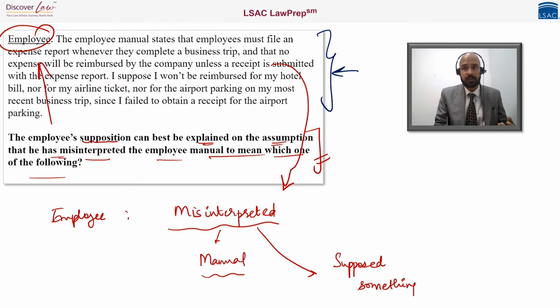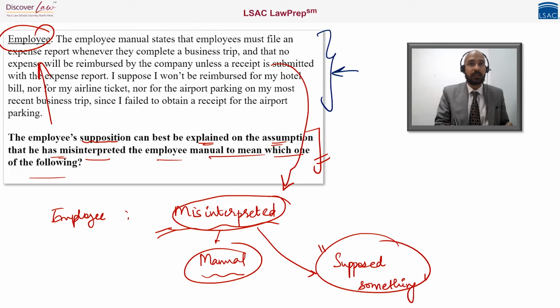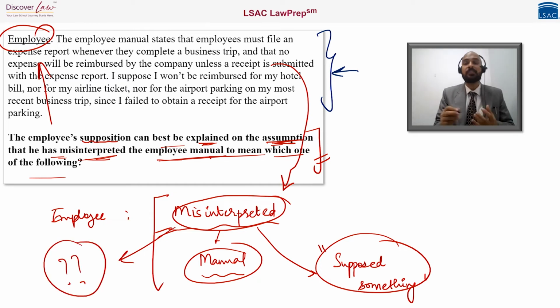He has arrived at some sort of a supposition based on a misinterpretation of the manual. Now what you are being asked in the question is, what is the misinterpretation? What has he assumed something to mean? So basically the question is, what is his misinterpretation?